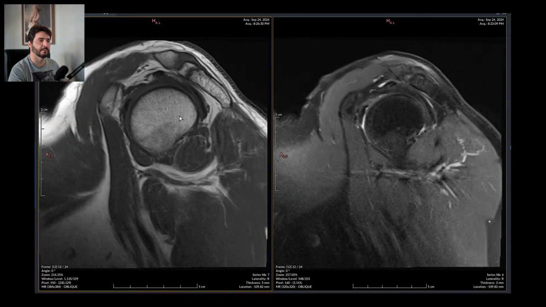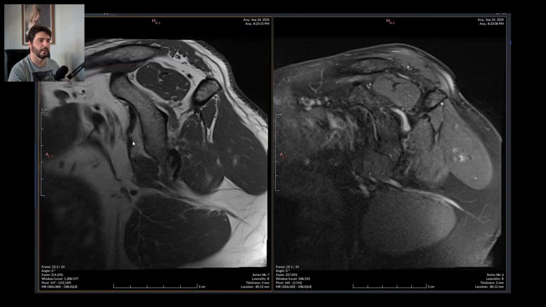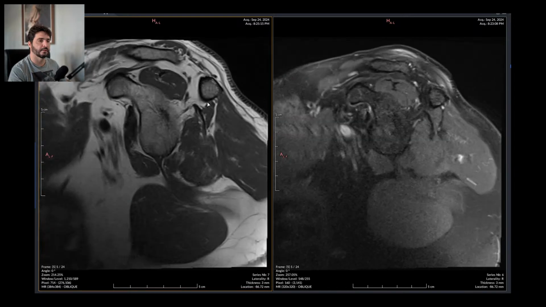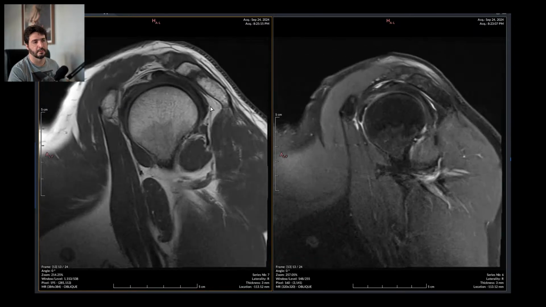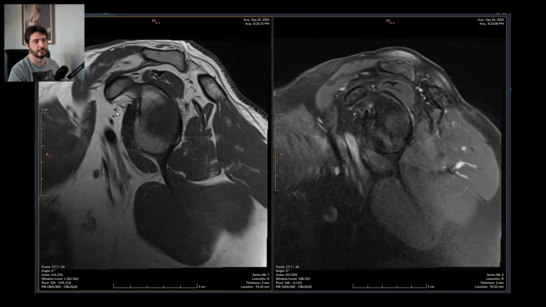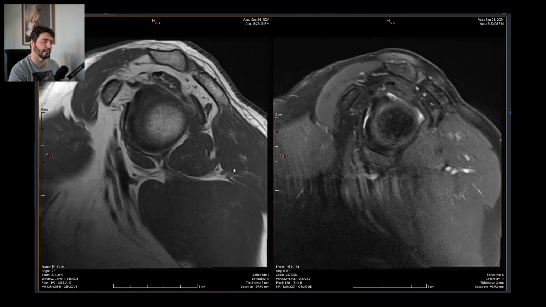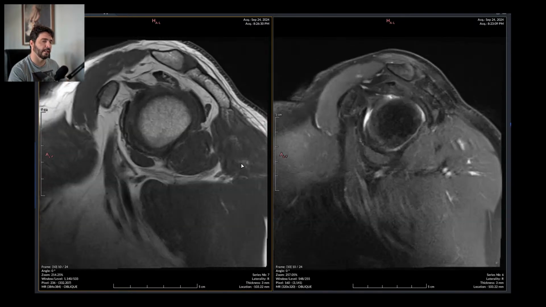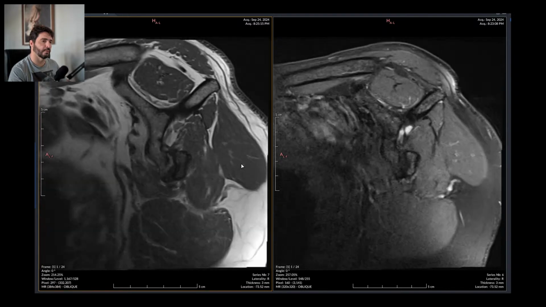Also, we have hypertrophy of all muscles of the shoulder, subscapularis, supraspinatus, and infraspinatus right there, and the teres minor is kinda normal.